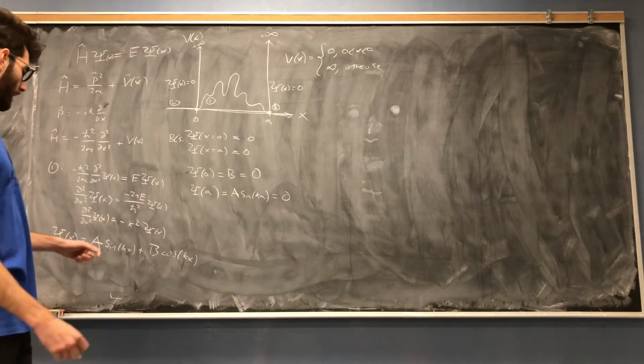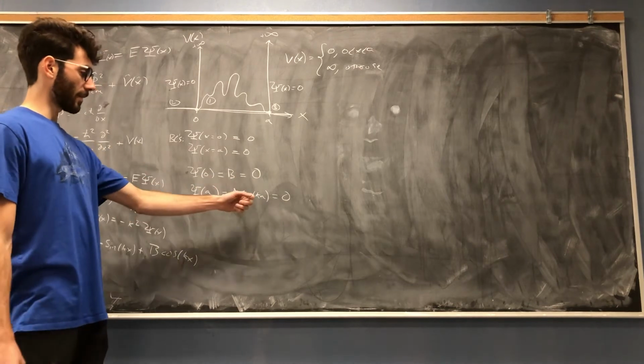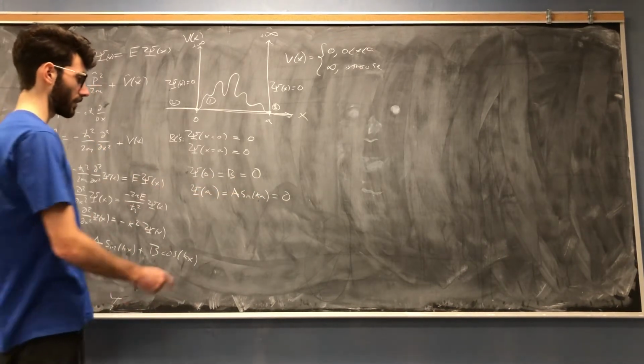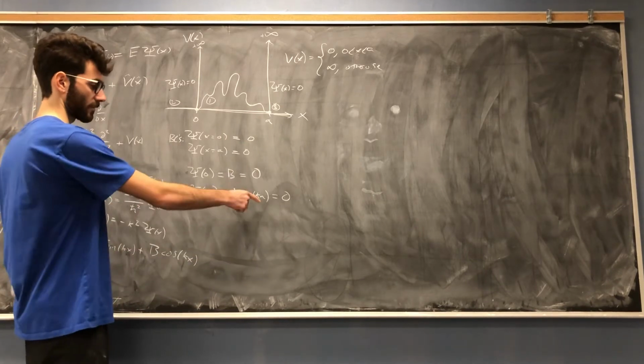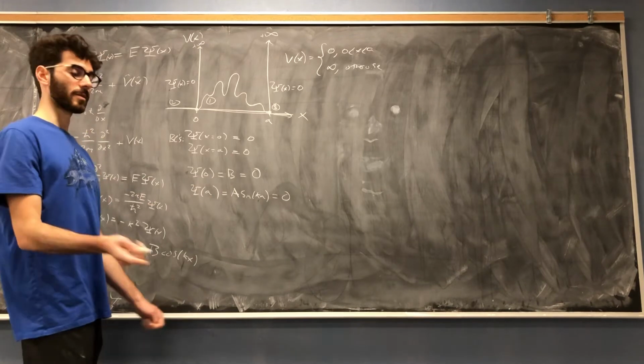So what we're left with is trying to satisfy this constraint by tuning the argument of the sine function. So remember, sine of some function x goes to 0 when x is some integer multiple of pi.